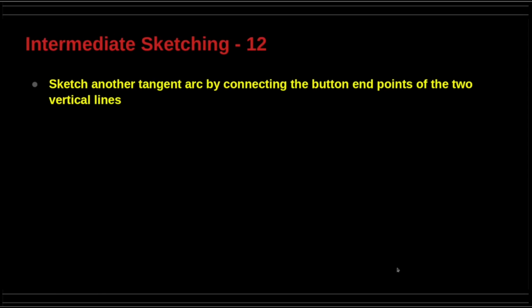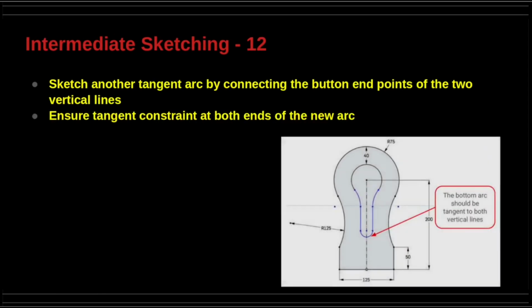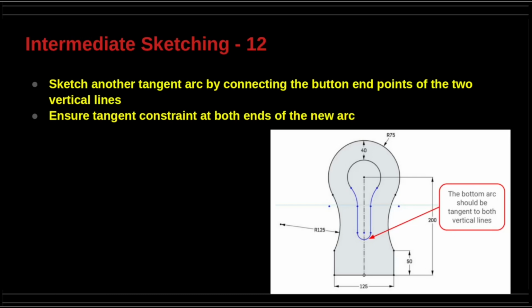Sketch another tangent arc by connecting the bottom endpoints of the two vertical lines. Ensure tangent constraint at both ends of the new arc.